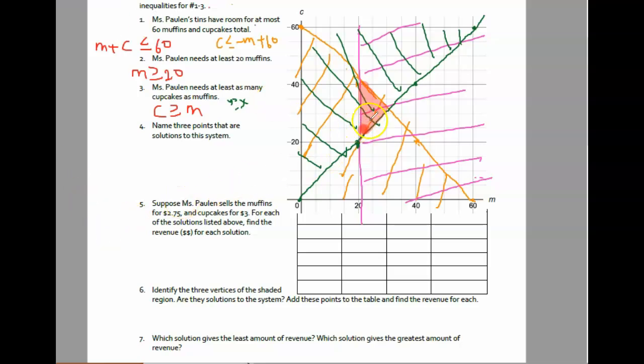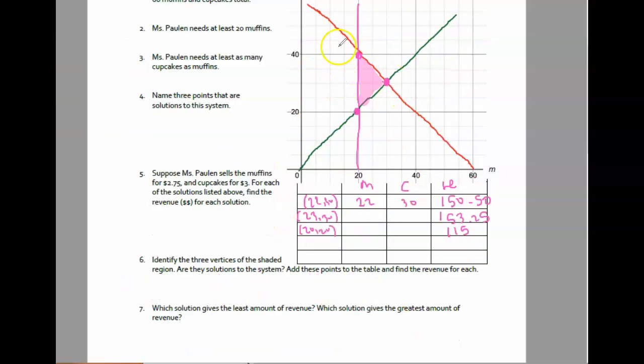I'm just going to pick 25, comma 30. Can it be? Yeah, 25, comma 30. On your notes, I think I said 21, comma 30, 22, comma 30. There are lots of answers, right? As long as it's in this little triangle area, it is going to be the answer. So that's the number 4 answer.